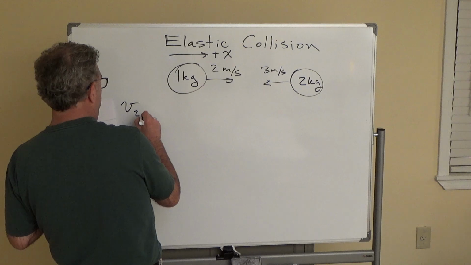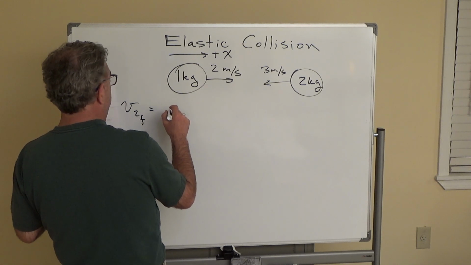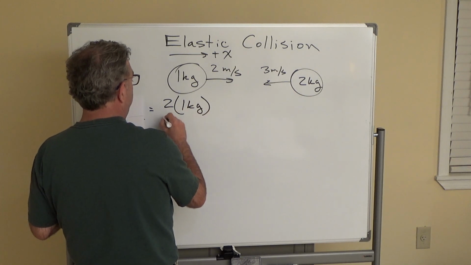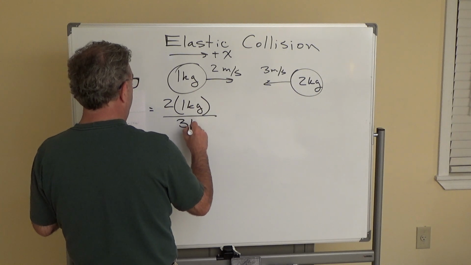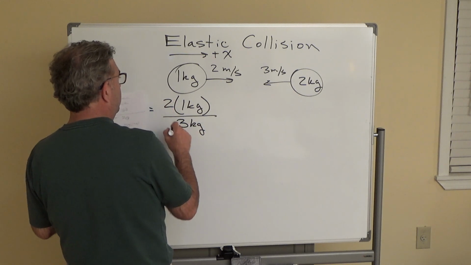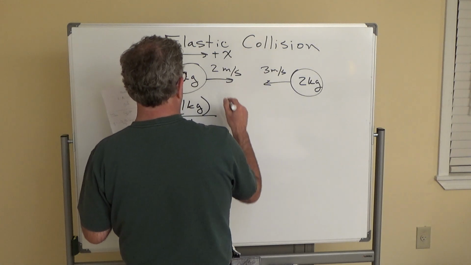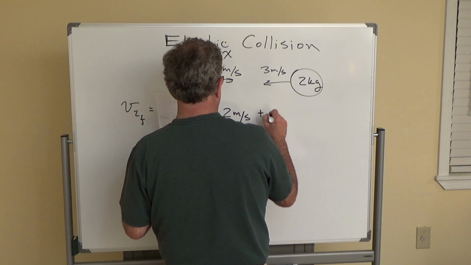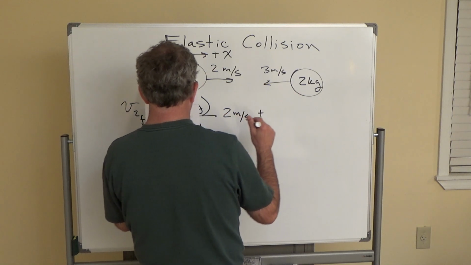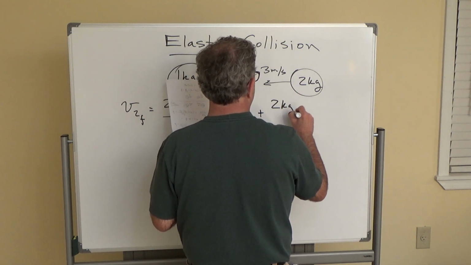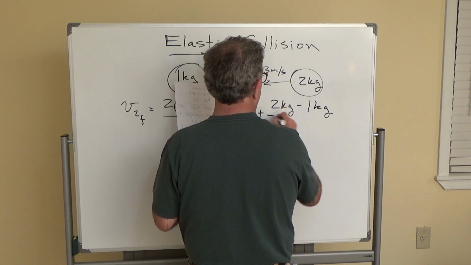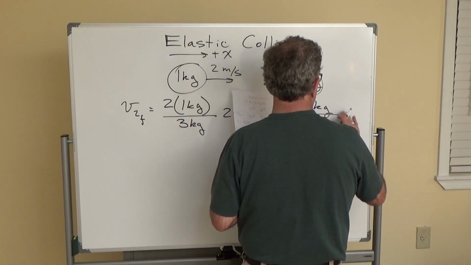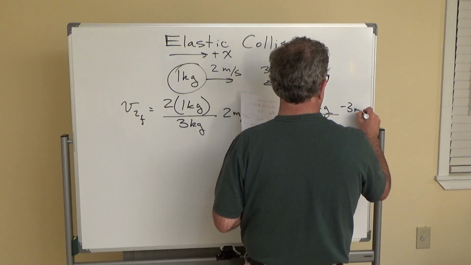So V2 final is equal to 2M1, so that's 2 times 1 kilogram, divided by their sum, which is 3 kilograms, times V1 initial, which is 2 meters per second, plus M2 minus M1, so 2 kilograms minus 1 kilogram, divided by the sum of their masses, which is 3 kilograms, times negative 3 meters per second.